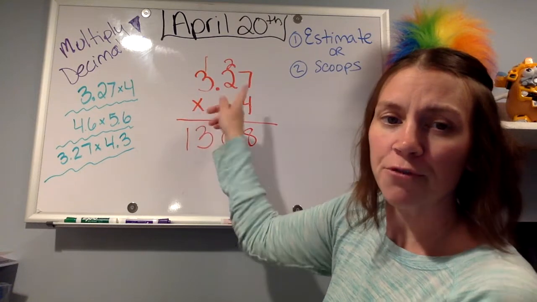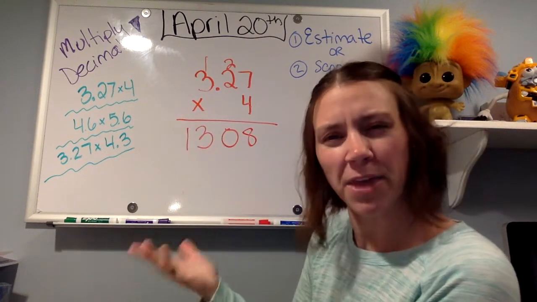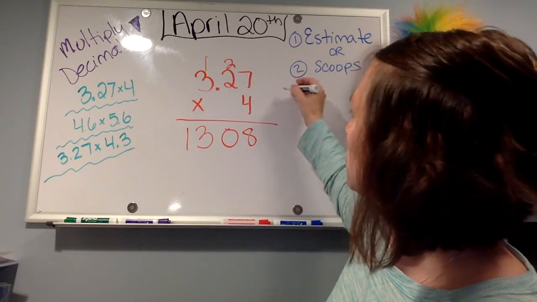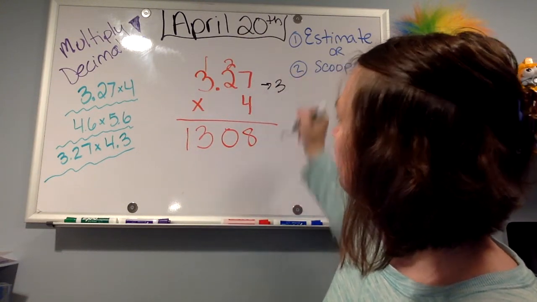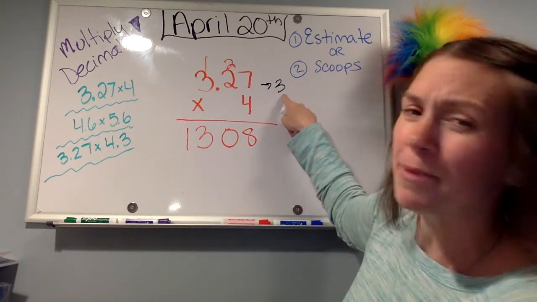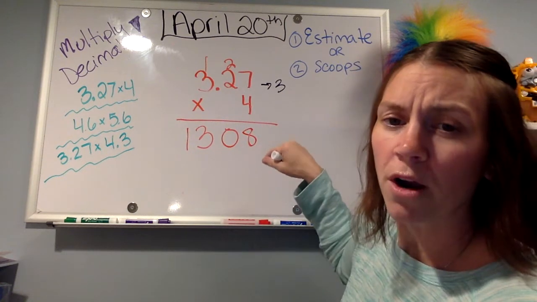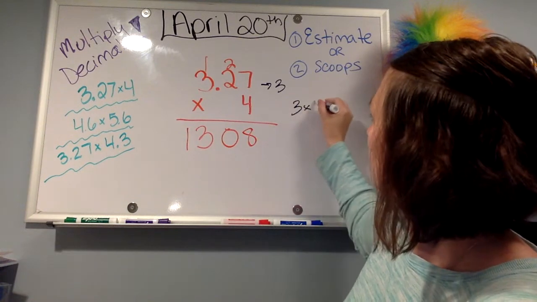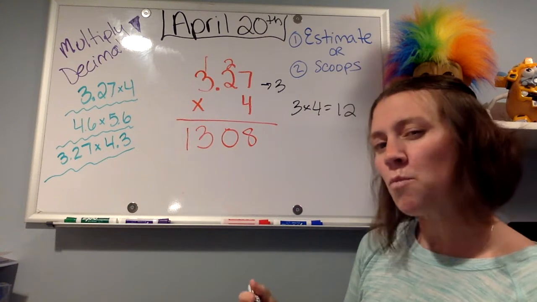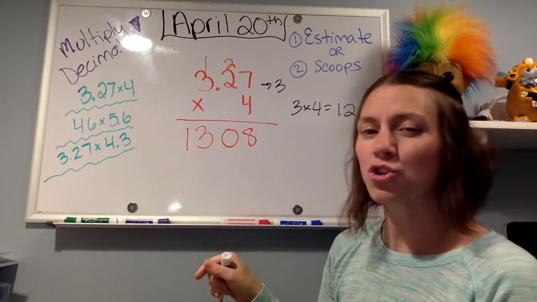So if I have $3.27, I'm thinking, all right, is that closer to 3 or closer to 4? And I know that it's closer to 3. So I'm going to just estimate it at 3. And I'm going to say to myself, what's 3 times 4? I know that 3 times 4 is 12. So I need to put my decimal somewhere where my answer is going to be around 12.